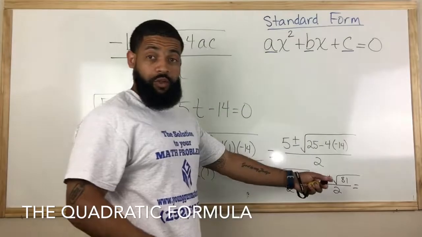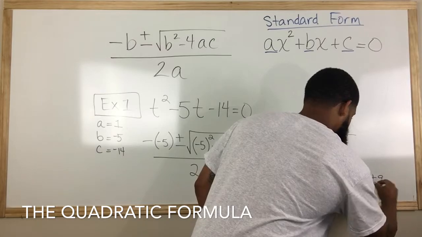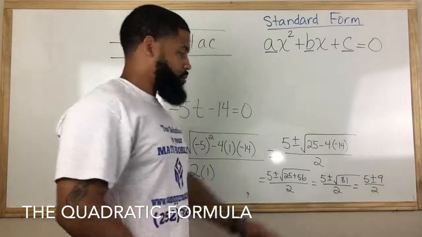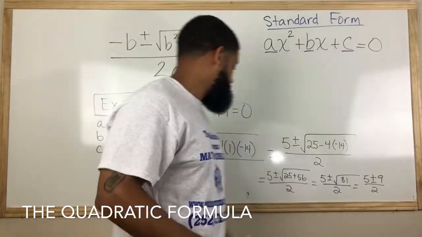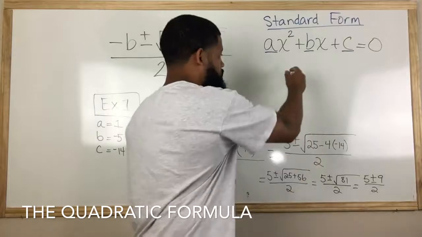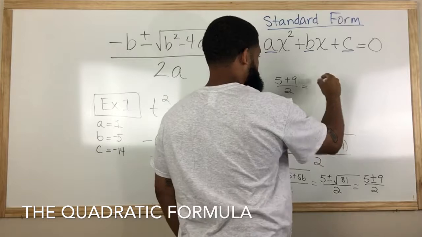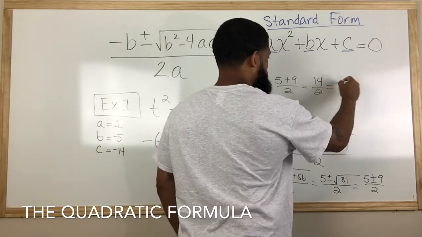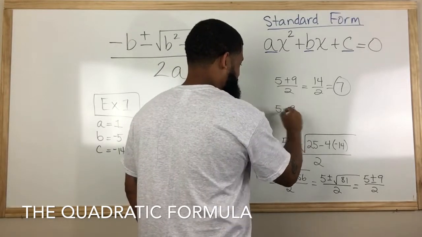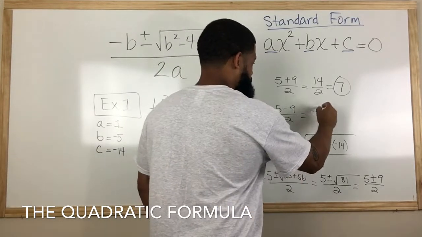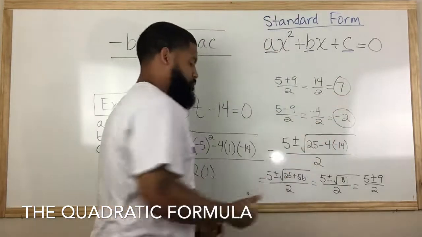All right, square root of 81 is 9, so we have 5 plus or minus 9 over 2. All right, so now this is not our final answer, but we are at the end because we just have to break this down to 5 plus 9. So I'm going to go up here. So I have 5 plus 9 over 2, which equals 14 over 2, which is 7. That's our first solution. And then we have 5 minus 9 over 2, which is negative 4 over 2, which is negative 2. All right, so those are our two solutions.